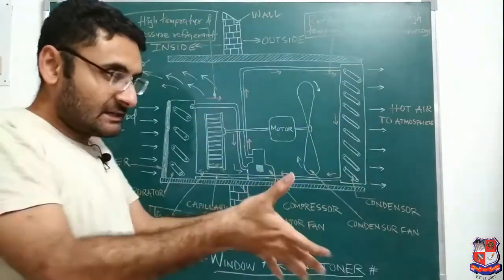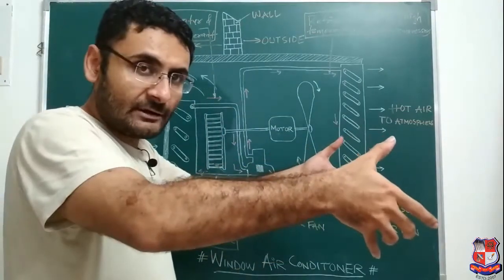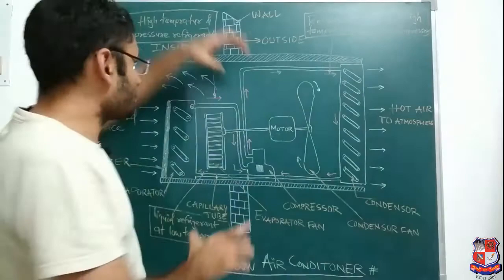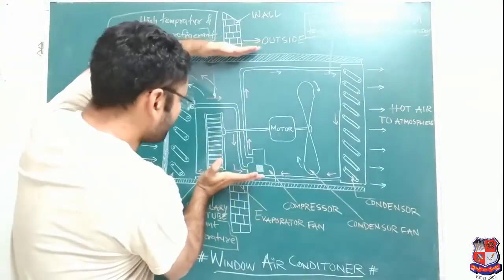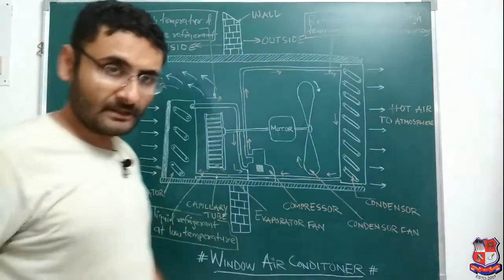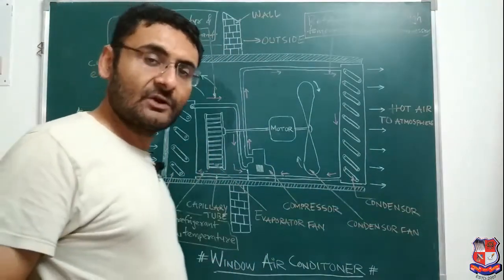So over here these are the bricks and that is the wall, and inside the hole we are placing the window AC, the big container consisting of 4 devices.